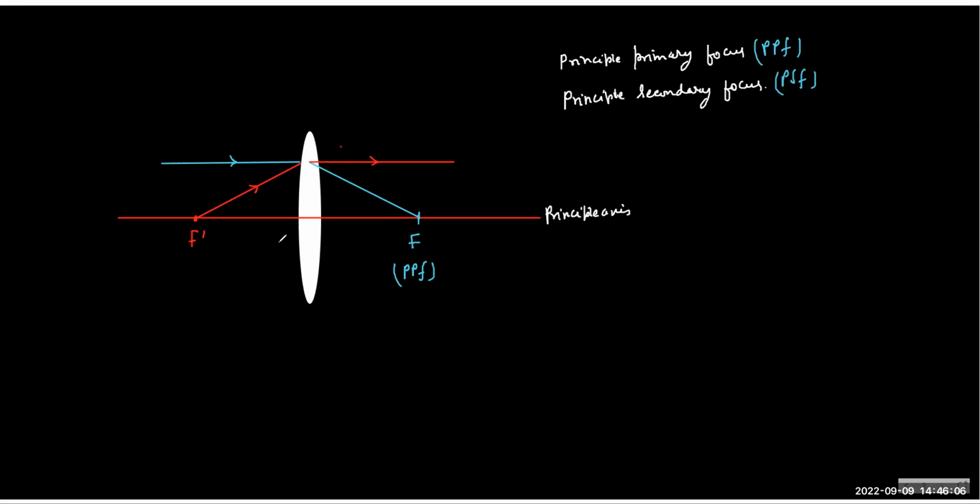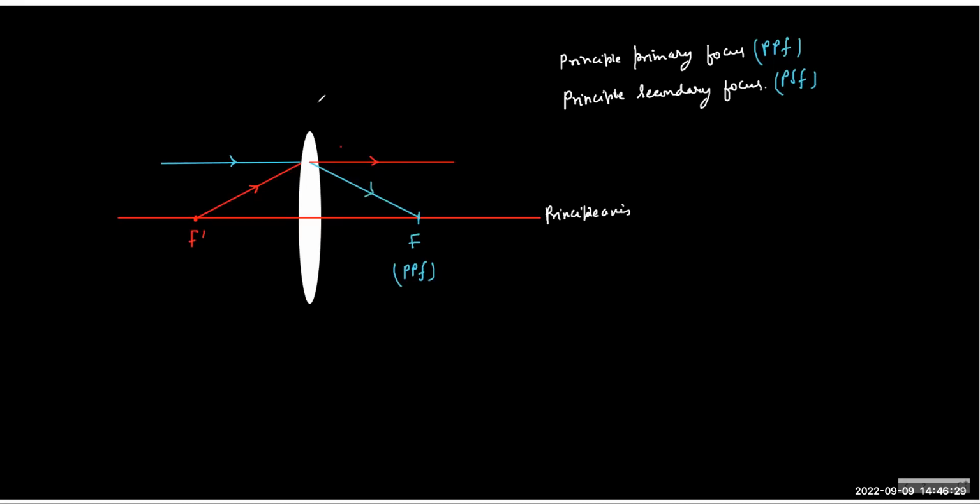So if you keep the object at the principal secondary focus, then the light ray will become parallel. And if a parallel beam is coming, then it will get focused at principal primary focus.